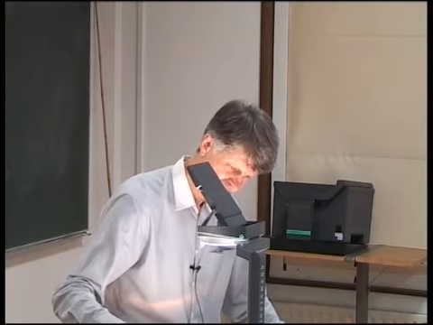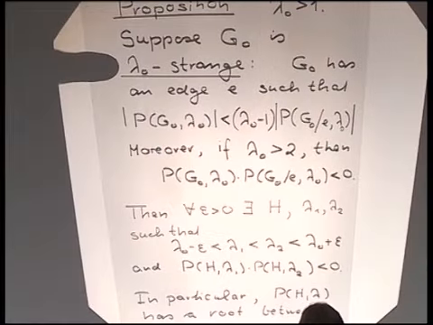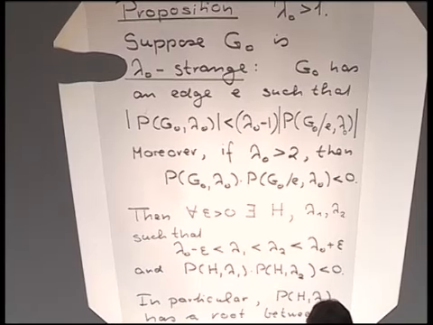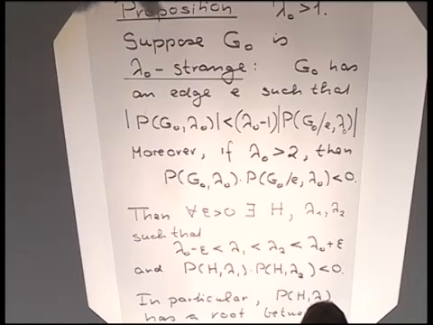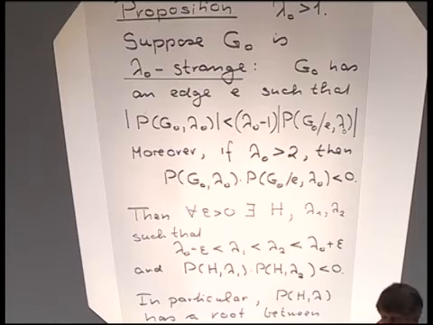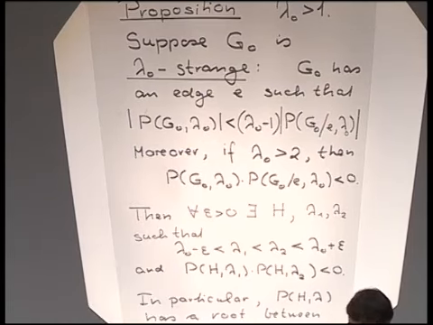And then comes a graph result which is used in the construction. This is a strange result, and I will call this graph lambda node strange if lambda node is a real number greater than 1, and if the graph has an edge E with the following strange property. I'm going to contract the edge E, and then I'm going to see what happens with the chromatic polynomial in lambda node.